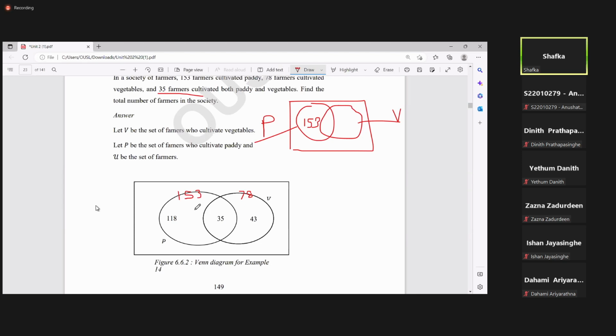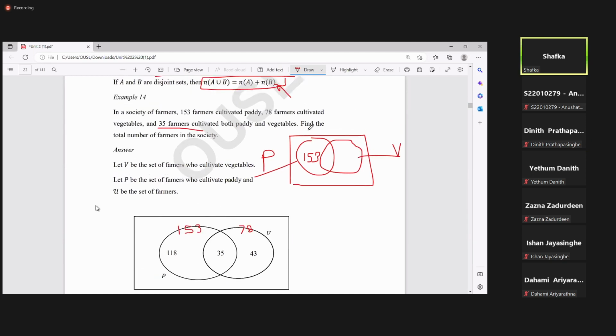Okay, 118 represents what? It's the number of farmers who cultivated only paddy. Yes. This one? Only cultivated vegetables. Yes, there are 43 farmers who cultivated only vegetables.